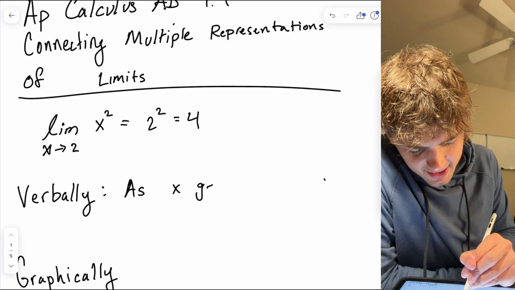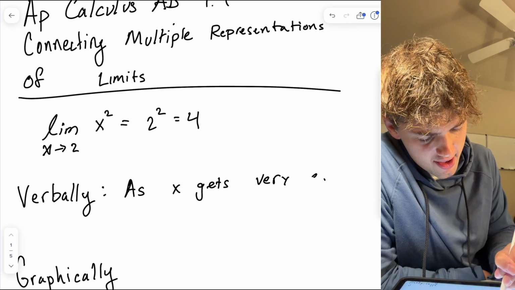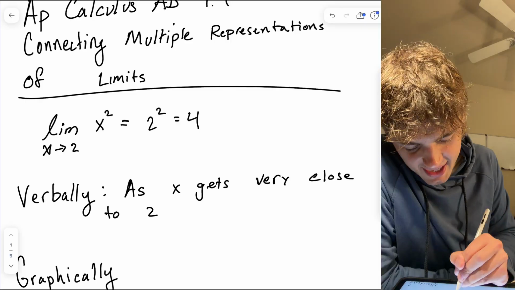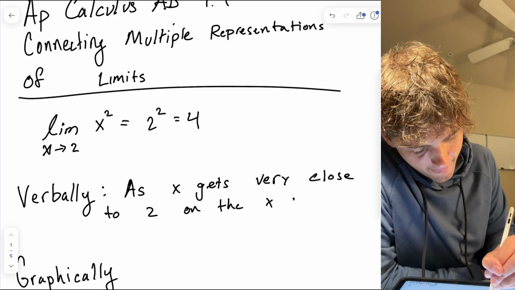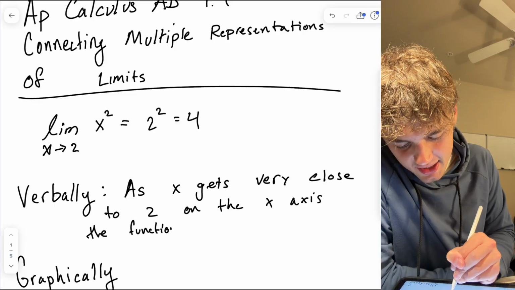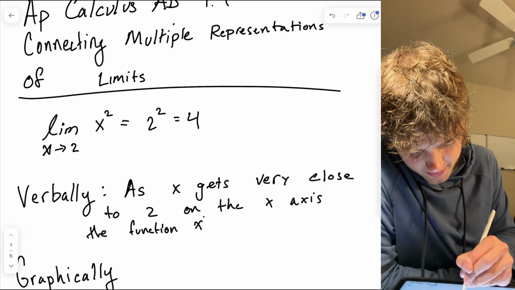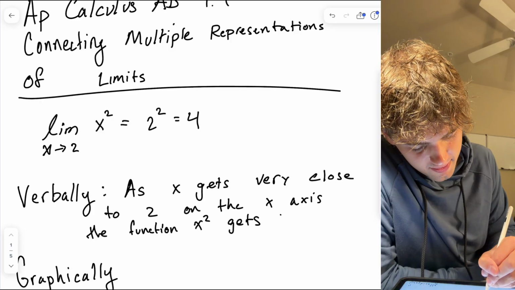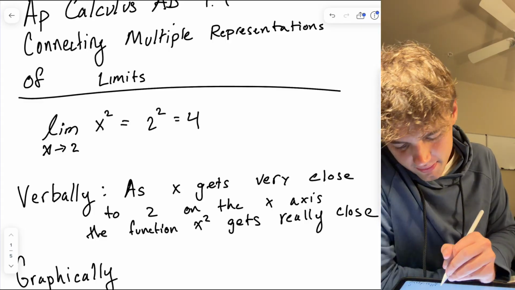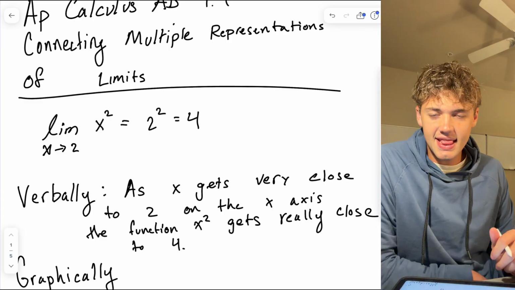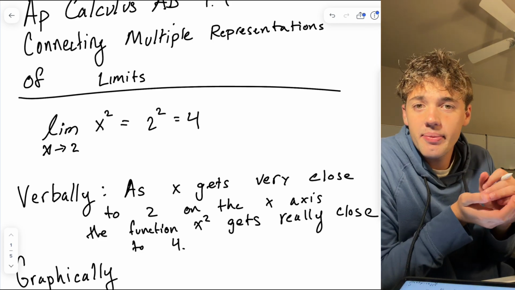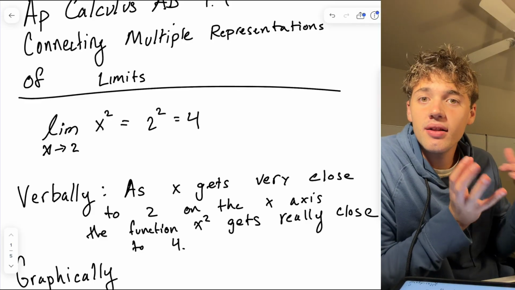As x gets very close to 2 on the x-axis, the function, which in this case is x squared, gets really close to 4. That is how we interpret direct substitution and solving a limit analytically into a more verbal English way.